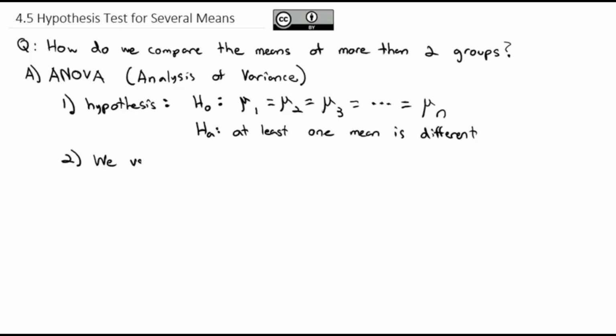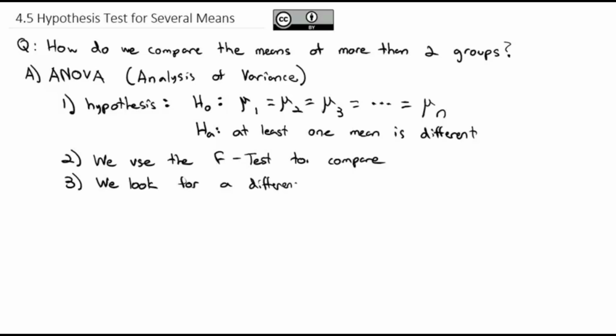And we use the F test to compare which hypothesis we'll end up going with. What we're doing is we are looking for a difference, but not where the difference is.